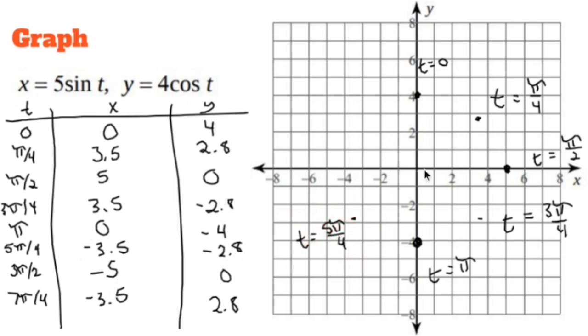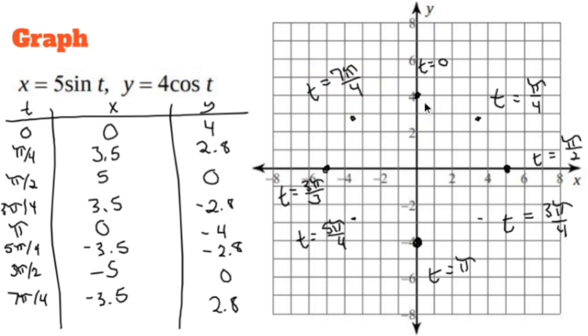Negative 5, 0. That's when t was 3 pi over 2. And negative 3.5, 2.8 lives right around there. That's when t was 7 pi over 4.